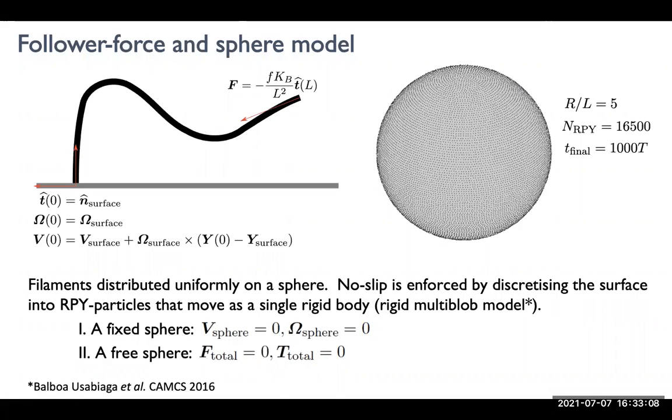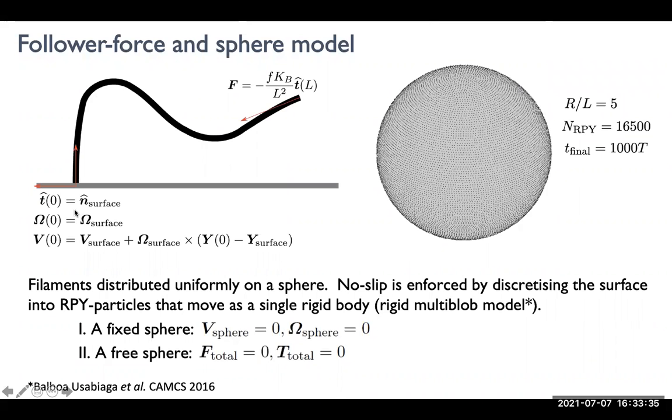If it was a buckling problem, the force would remain in the same direction, right? It would bend and gravity would remain in the same direction. But in this case, since the force follows the direction of the tangent at the end, your force will start to push laterally, and you can imagine what happens when that occurs. Okay, so we'll talk about that.